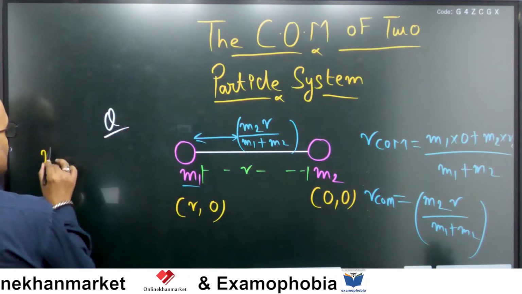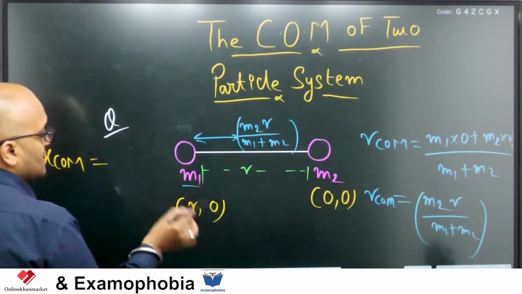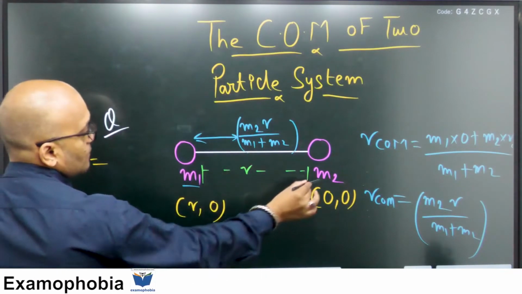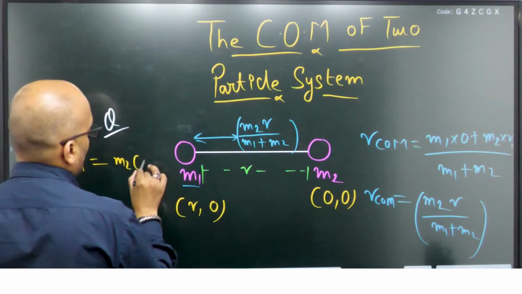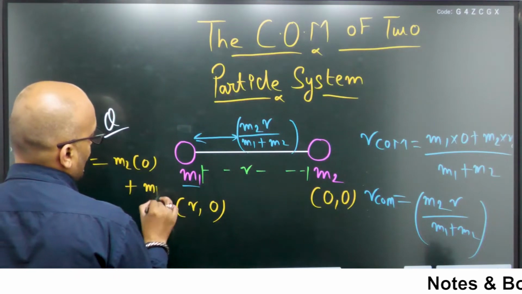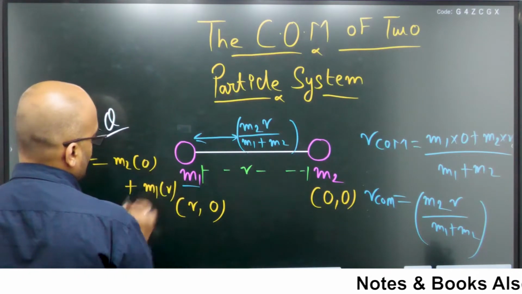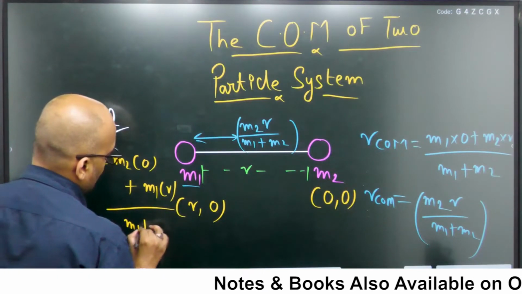So x, com, there is no y-axis, that is why I am doing it along x-axis. It will be, now this is our first mass, so m2 into its x coordinates, that is 0, plus this is our second mass, m1 into r, divided by m1 plus m2.